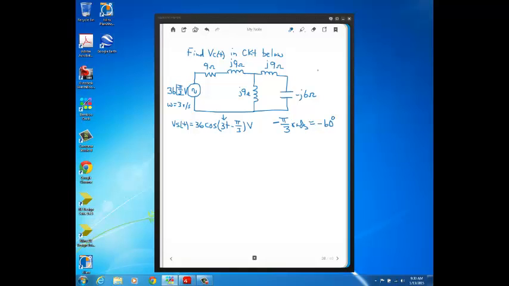Remember that voltage divider in DC circuits, the general form is VR, the voltage across the series resistor, is equal to the voltage across the series combination times a ratio of resistances, where the resistor you want the voltage for is in the numerator, and Req of the series resistors is in the denominator. Well, for AC, you can probably guess from the previous video on the current divider equation, the AC voltage divider equation has the same form.